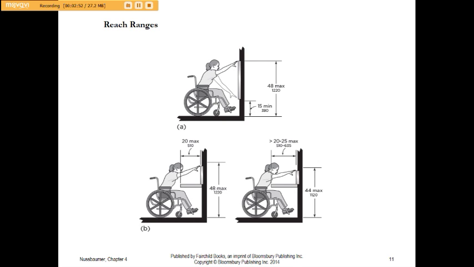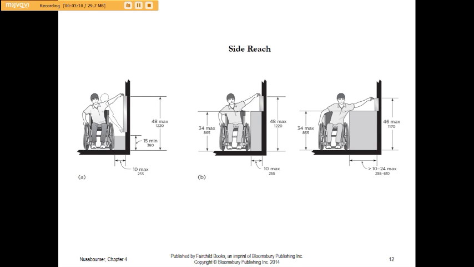Here's our reach ranges, and we can see when we have no obstructions in front of us, we can obviously reach from further up on the wall to 48 inches. But if we have a protrusion in front of us, we have some limitations, such as we can see on the bottom right. The side reach is also important for designers to understand because this affects areas such as checkout desk or reception counters.